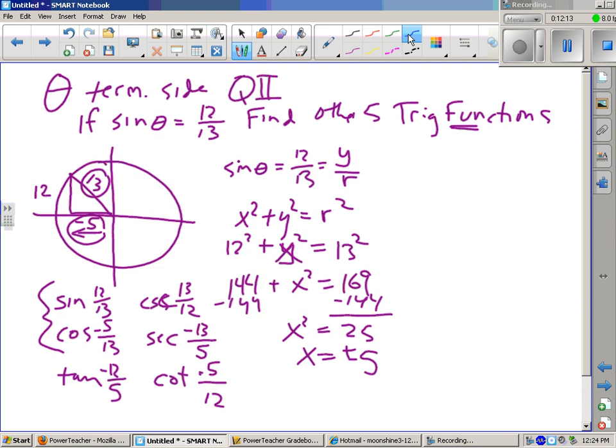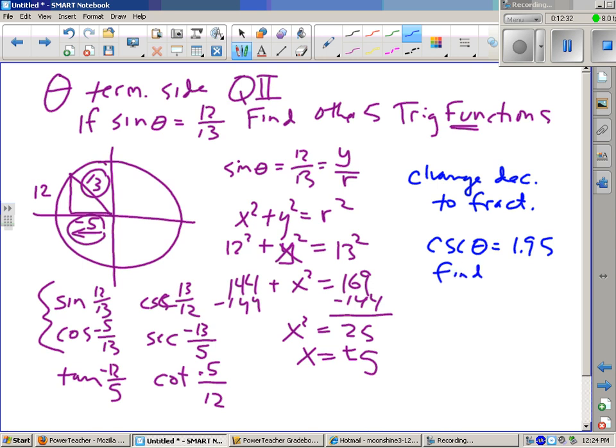All right. There's one little warning thing I want to give you. Over here, let's do one more problem. For these, you need to change the decimal to a fraction before you start, because fractions are easier to flip over, decimals are not. Let's say I tell you that the cosine of theta is 1.95, and I want you to find the sine of theta. Well, those two are evil twins. I remember the C goes with the S, so these two are the evil twins together.